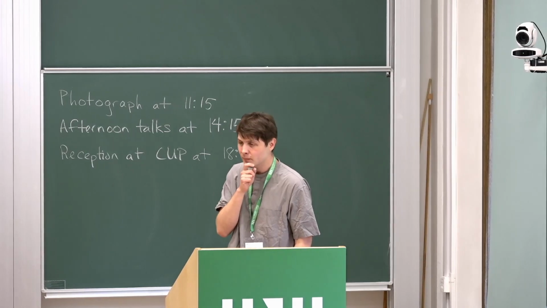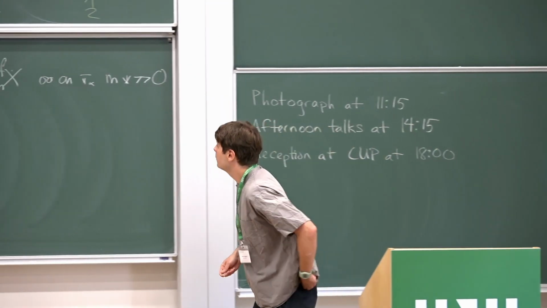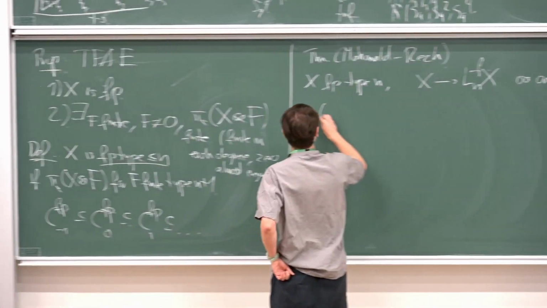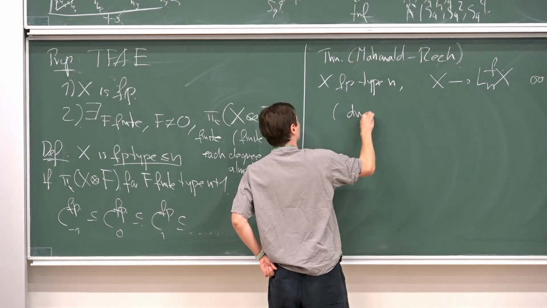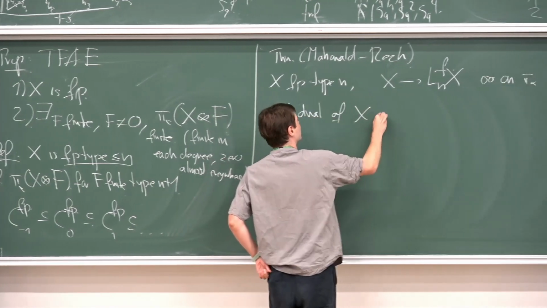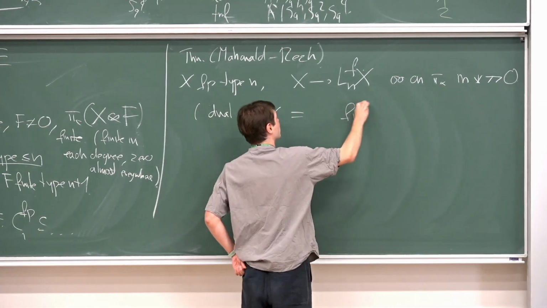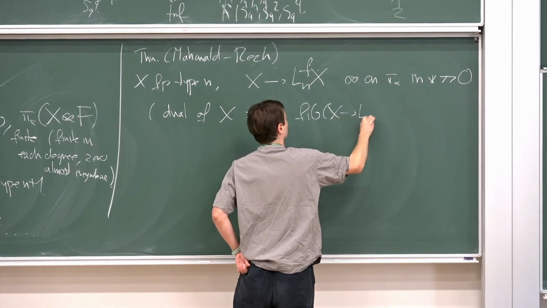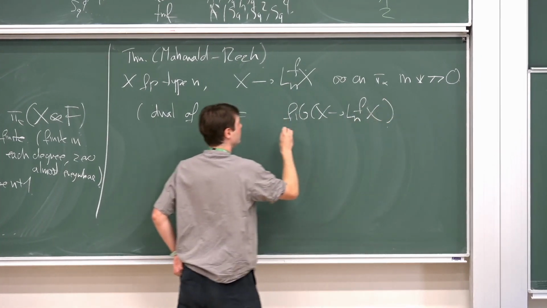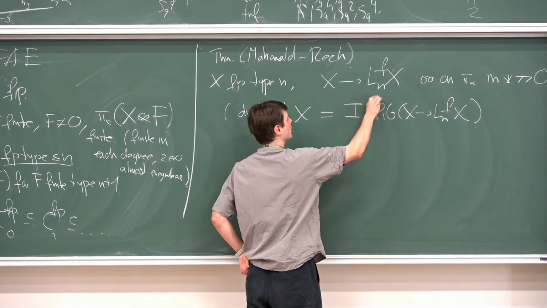Sorry, can you just say again what the construction of the duality is? So the dual here, there's a notion of a dual of X, which is you would take the fiber of this map, and then you take the Brown-Comenetz dual.